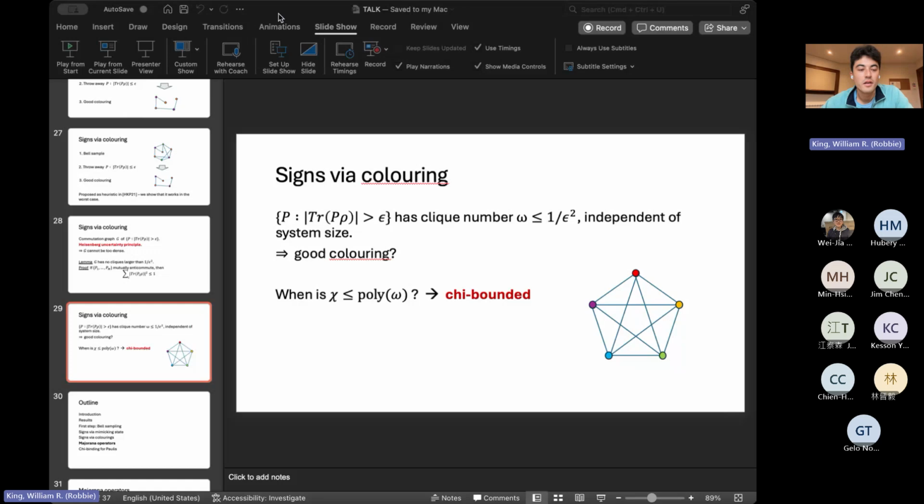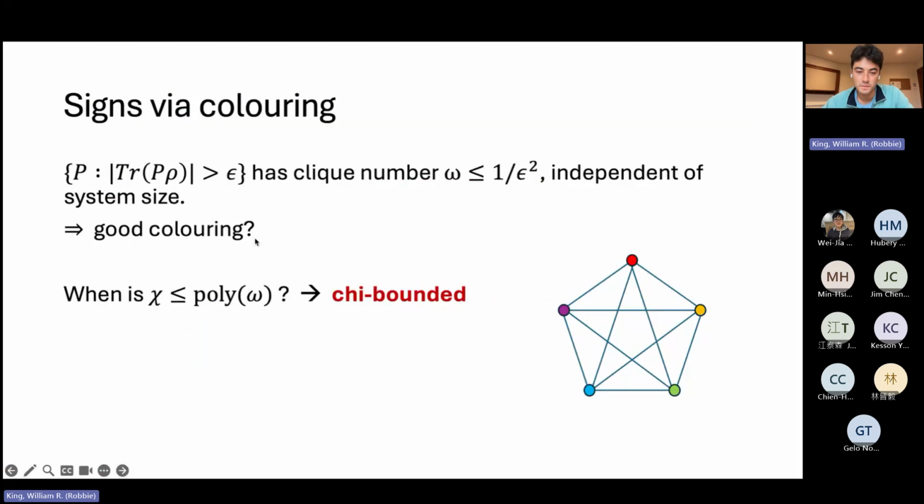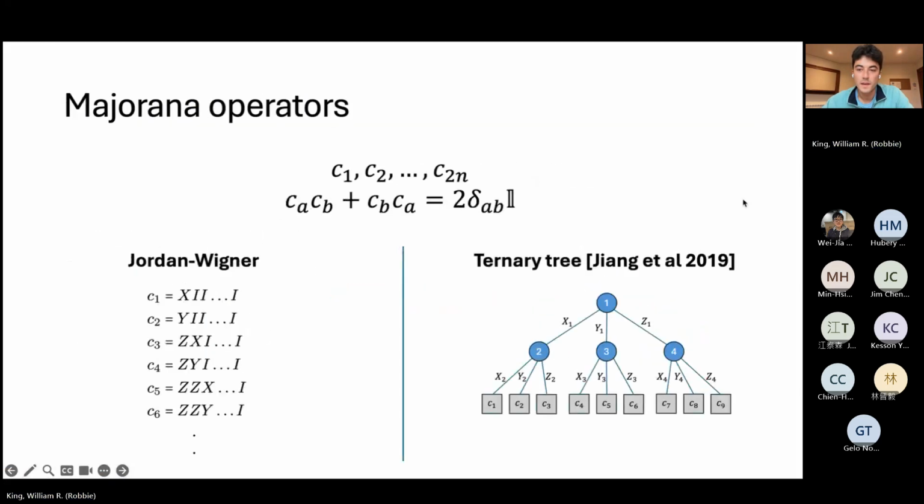Next we'll talk about how we can apply this strategy to the case of the Majorana operators. So we need to see what those are now. The quickest way to introduce what these operators are is to say what commutation relations they satisfy.